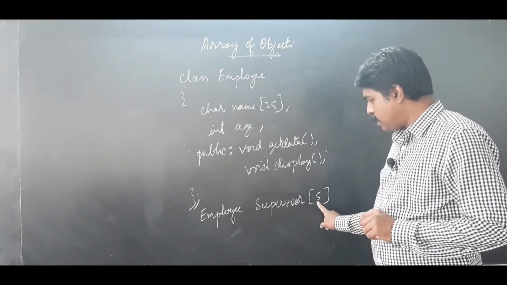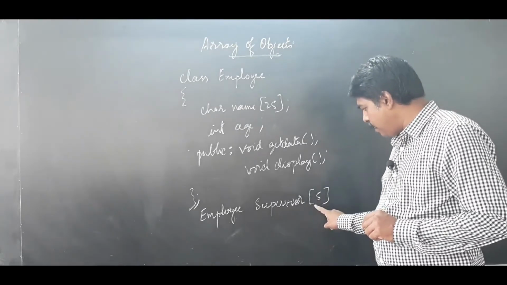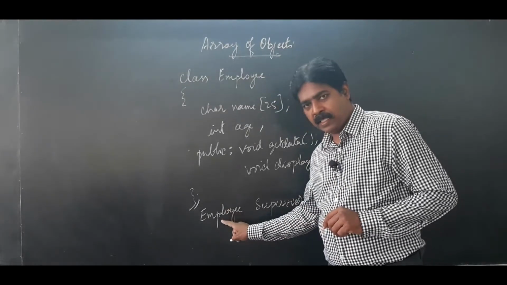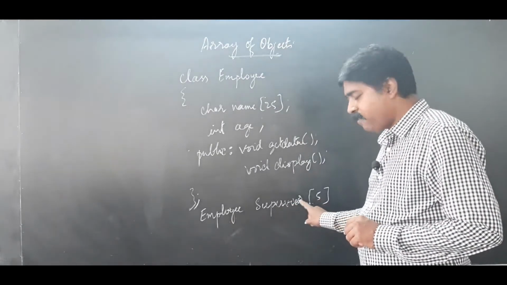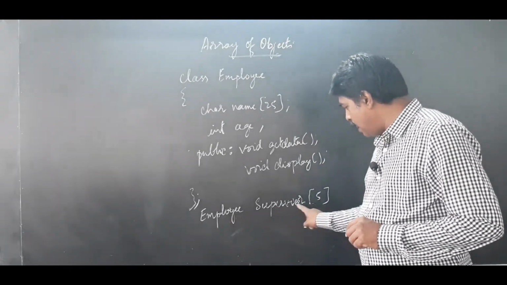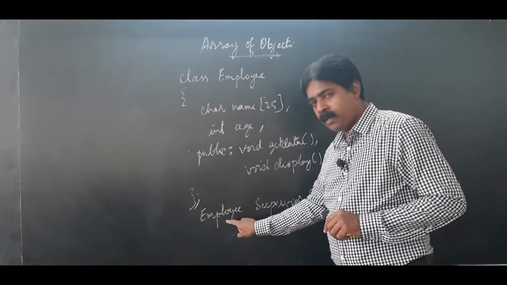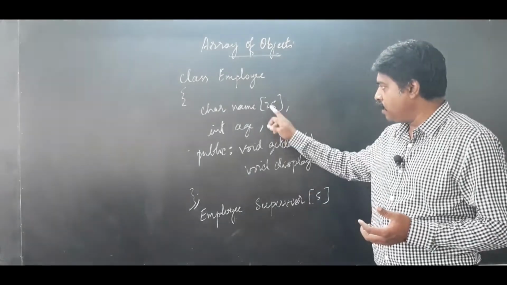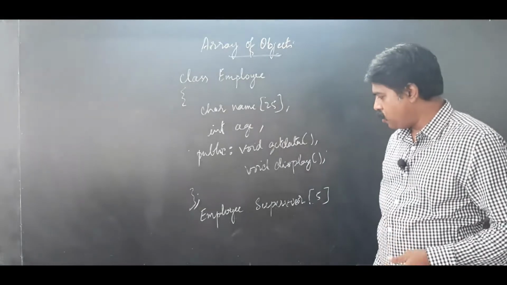So this size signifies that supervisor is an array, but there are no other data types, rather we have a class name. Hence, supervisor of 5 means it is an array of objects because we have taken employee. So supervisor can take up the 5 names as well as the ages.